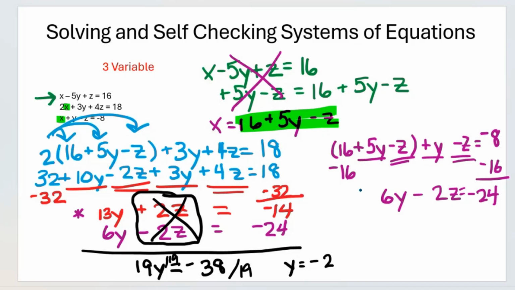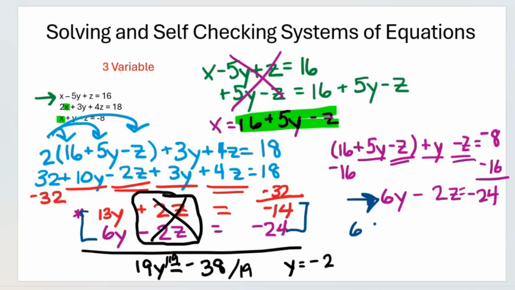So if we know that y is negative 2, we're going to go back and use one of the equations that we have that just has y and z in it. You could use either one of these that are in this system we've created. I'm going to use this one, the 6y minus 2z equals negative 24, simply because I have space to write underneath, but you could use either one.